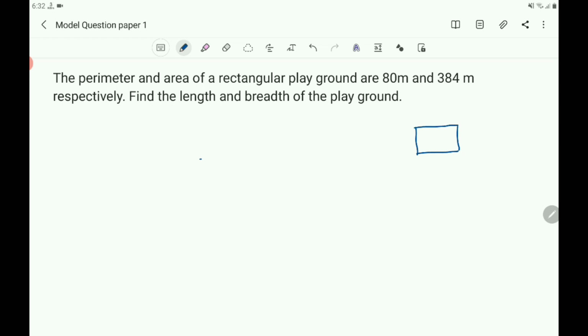Consider this is the shape of the playground and the perimeter is given. So you know what is perimeter? That is the sum of all the four sides. So these two are L, these two are B, and the formula to find the perimeter is P equals 2 into L plus B, equals how much? 80 meter.